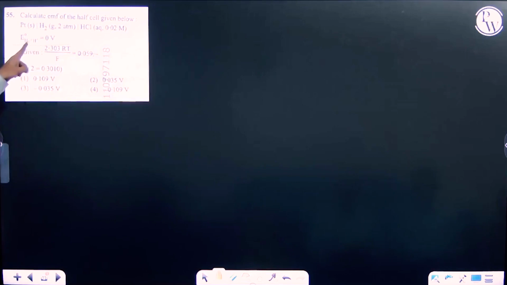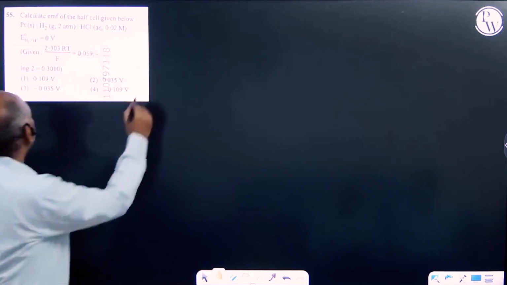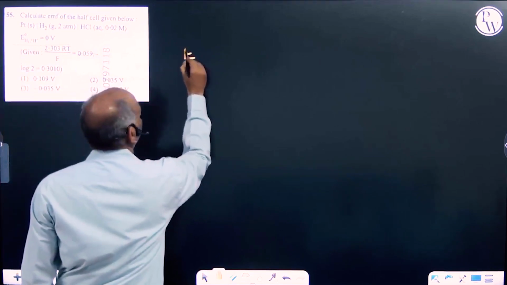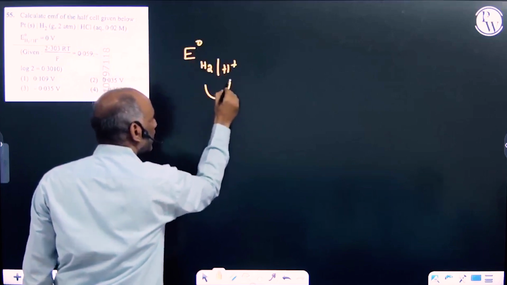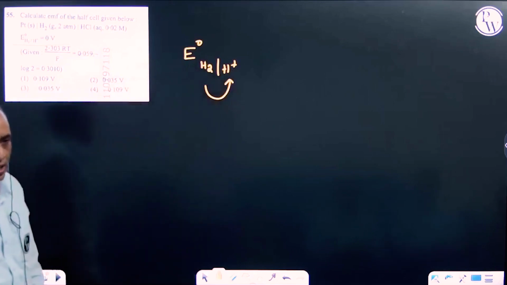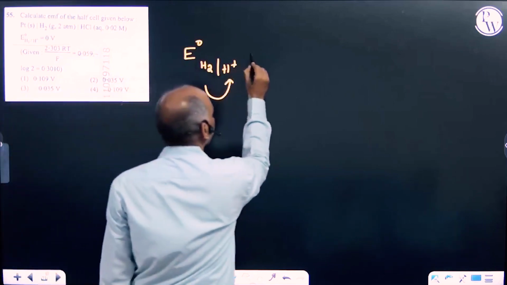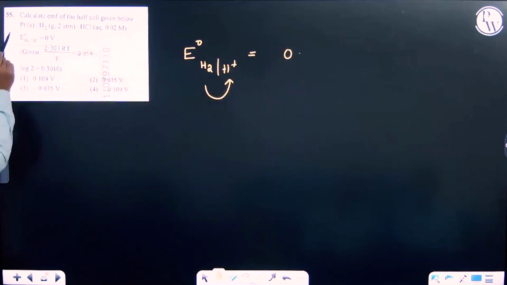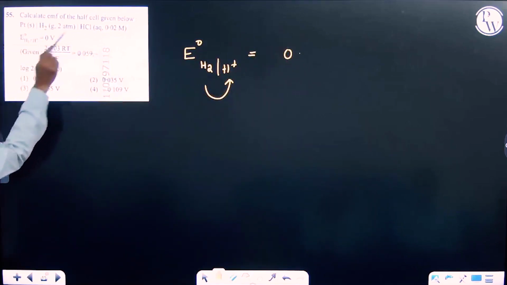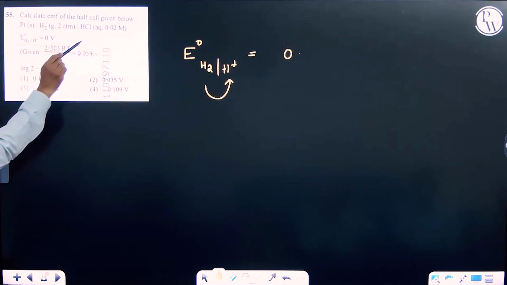E0 of H2 | H plus is given. That means this reaction is oxidation. He has mentioned the standard oxidation potential as 0. And once again he is asking the potential of the half cell represented by this.